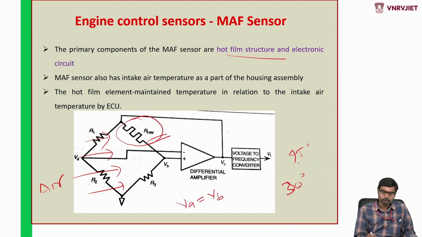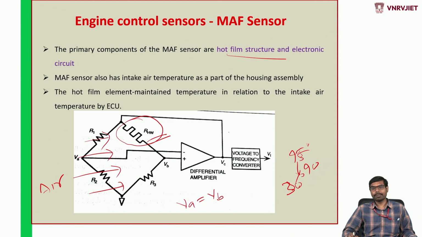Due to this temperature difference between the outside air and the hot film structure, the temperature of the hot film structure is going to vary. If the volume flow rate is very high, the temperature decrement is very high, from 45 to 40, 45 to 39, like that. If there is a drastic temperature difference, then it can understand that there is a large volume flow rate of air. That means how much the temperature changes.